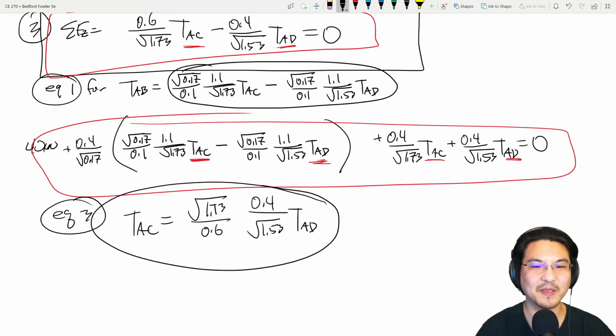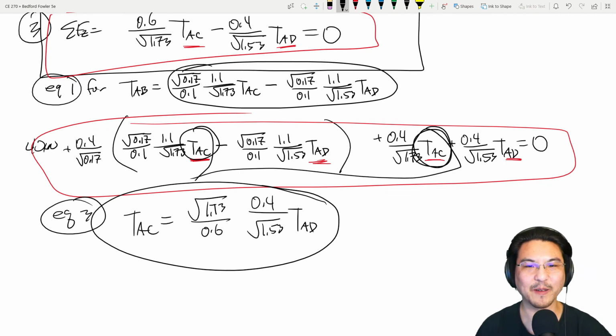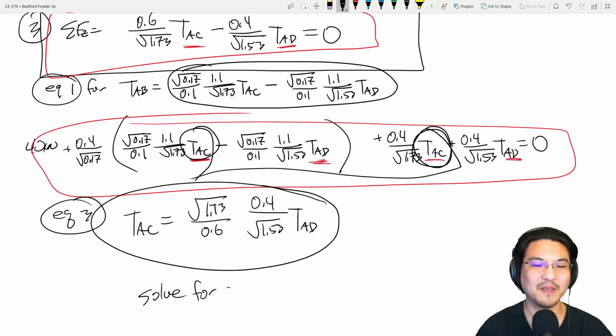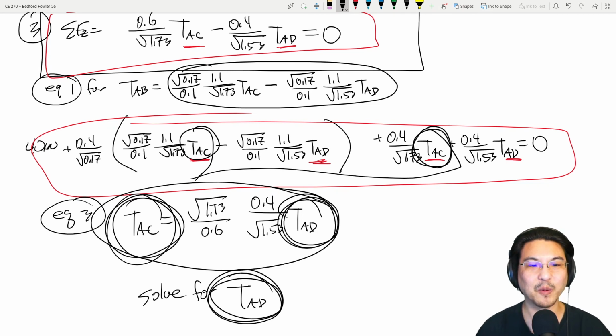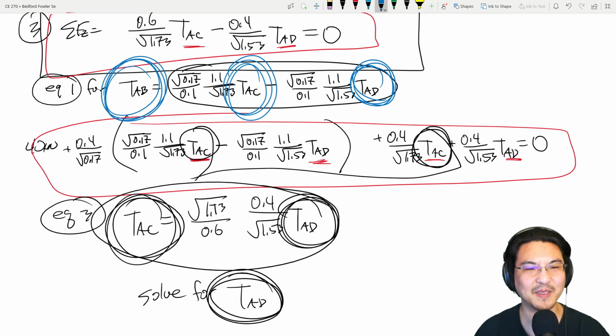Take this and plug it in right here and right here. Then you would have one equation for one unknown, TAD. Solve for TAD, plug that number in right here, and now you have TAC. Take those values, TAD and TAC, plug them in right here, and you got TAB. Done. Three equations, three unknowns.